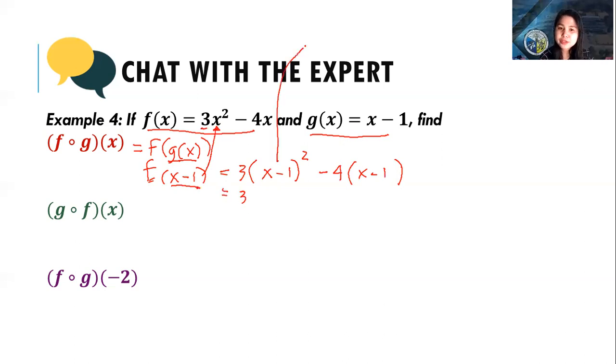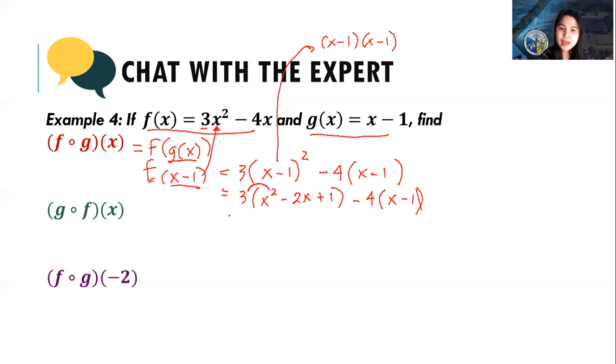This first one is x minus 1 times x minus 1. When you multiply that, the answer is x squared minus 2x plus 1. Minus 4 times x minus 1.